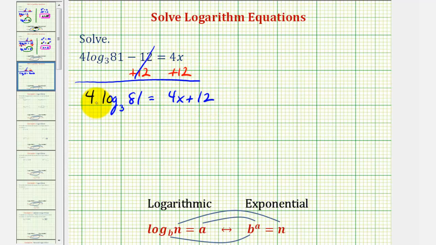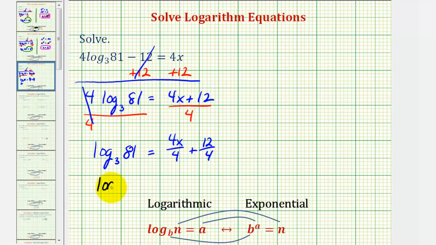Now we'll divide both sides of the equation by 4. So we have log base 3 of 81 is equal to the quantity 4x plus 12 divided by 4. Let's go ahead and divide each term by 4. That would give us 4x divided by 4 plus 12 divided by 4. So we have log base 3 of 81 is equal to x plus 3.